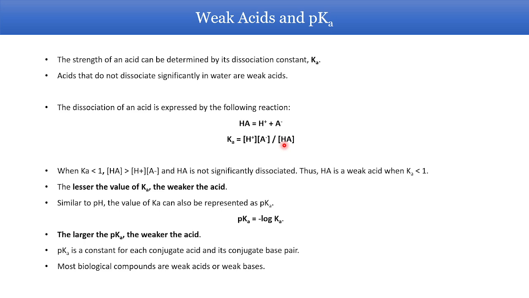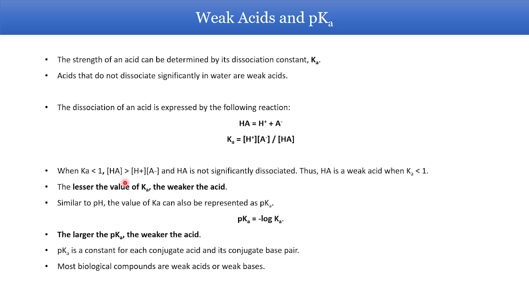When your Ka value is less than 1, that is, your HA or the reactant concentration is more than the product concentration, that indicates that your HA is not significantly dissociated. That is, your HA is a weak acid when your dissociation constant is less than 1. So at Ka less than 1, HA behaves as a weak acid.